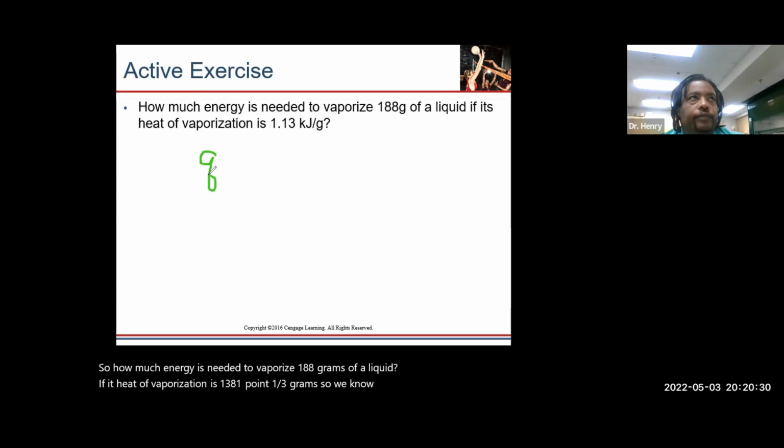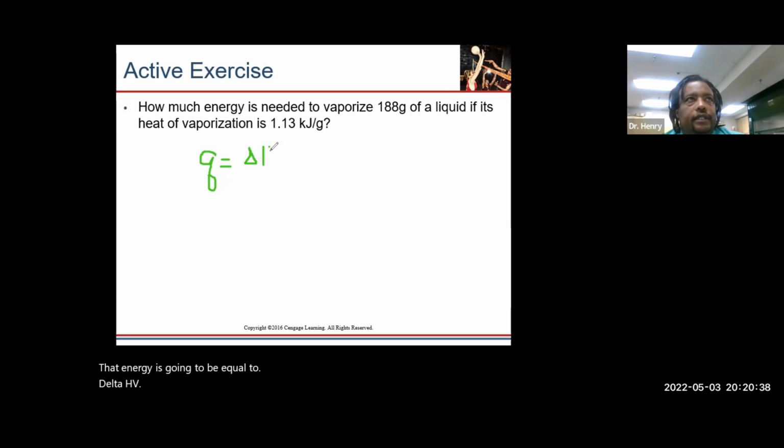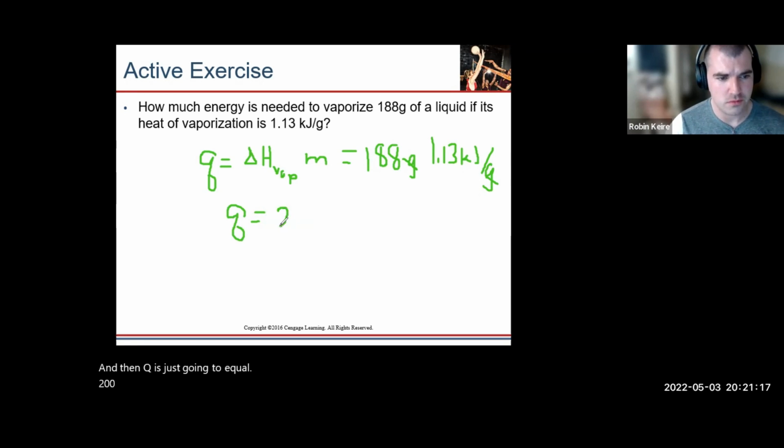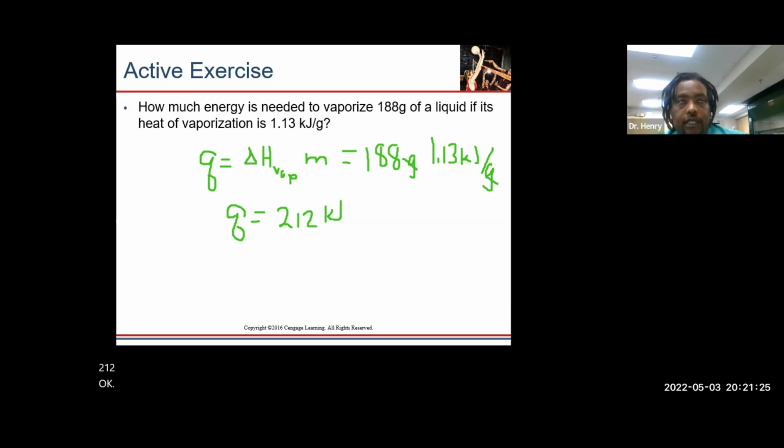So we know that Q, that energy, is going to be equal to delta H vaporization times M. So in this case, 188 grams times 1.13 kJ per gram. The grams are going to cancel out, and then Q is just going to equal 212 kilojoules. Simple.